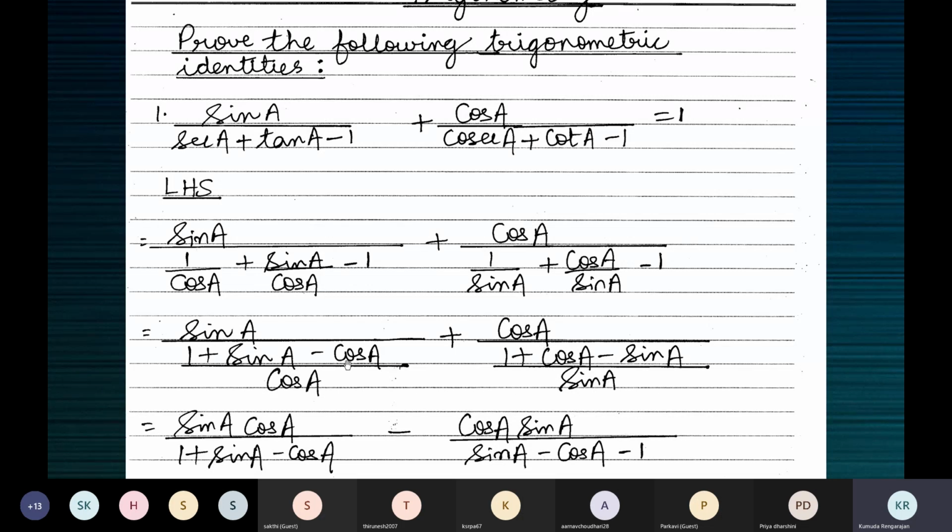Since we have sin A minus cos A plus 1, if we have sin A minus cos A minus 1, it will be useful. In our mind, we are grouping sin A minus cos A plus 1. So if we have sin A minus cos A minus 1, you can treat it as A plus B into A minus B. Which is why we are changing the signs here.